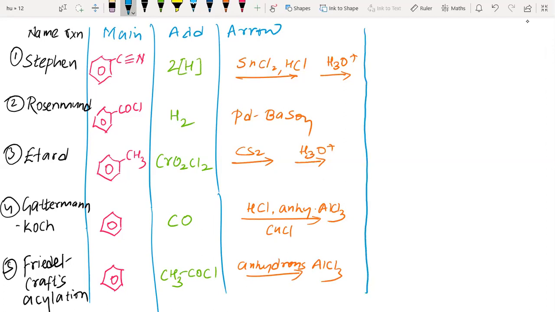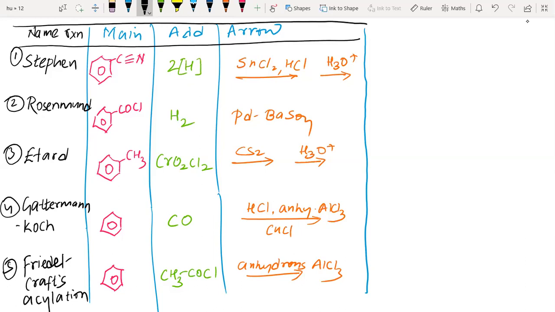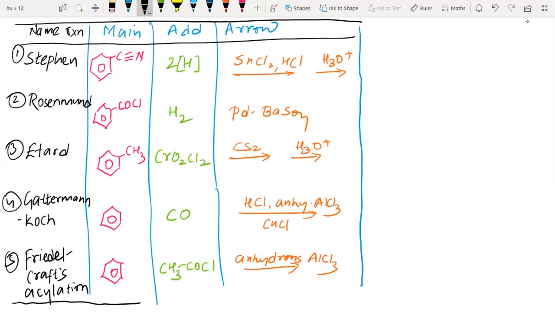With the help of this, we can write reactions. Why did I write this formula? Because it helps. Suppose the question comes, what is the Etard reaction, then it is very important that we know this main, add, arrow.